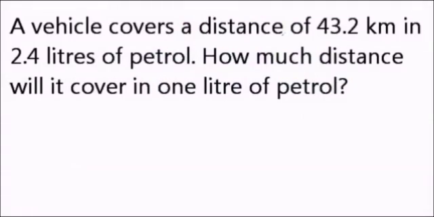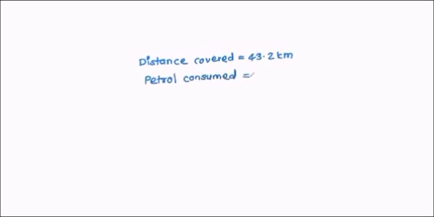A vehicle covers a distance of 43.2 kilometers in 2.4 liters of petrol. How much distance will it cover in 1 liter of petrol? What is given? Distance covered is equal to 43.2 kilometers. And petrol consumed for that is equal to 2.4 liters.